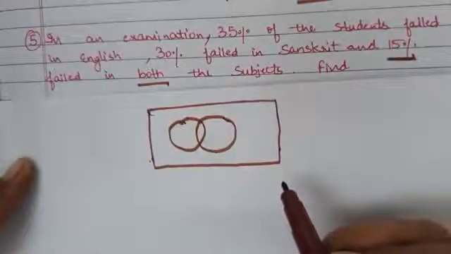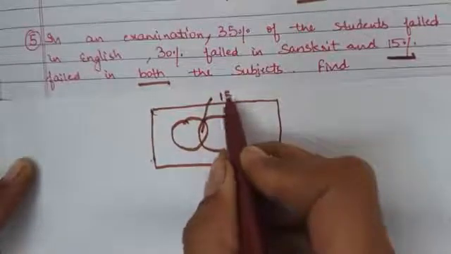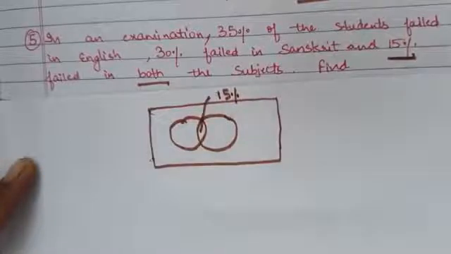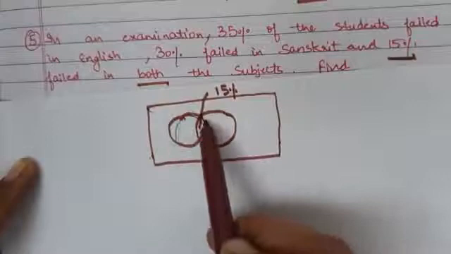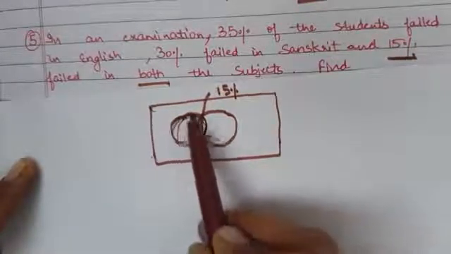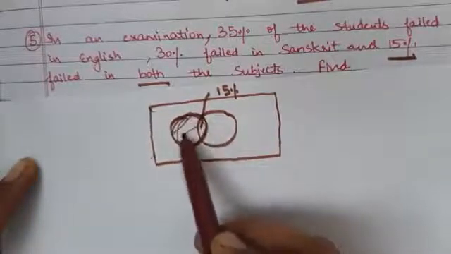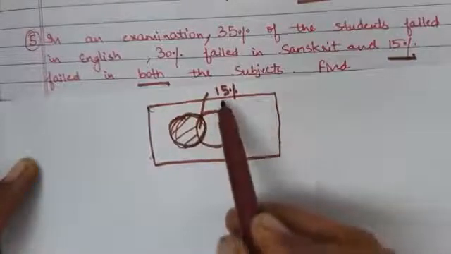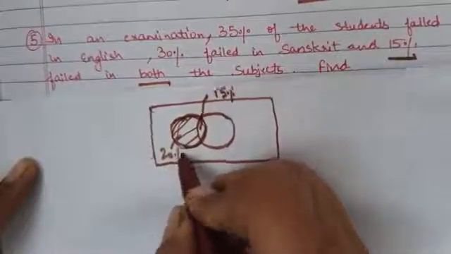Fine. Now we know 15%, this is 15%, are the students who failed in both the subjects. Now 35% of the students failed in English. English means this is the 35%. But if I have to find out only English, then 35 minus 15, that is, this will be 20%.